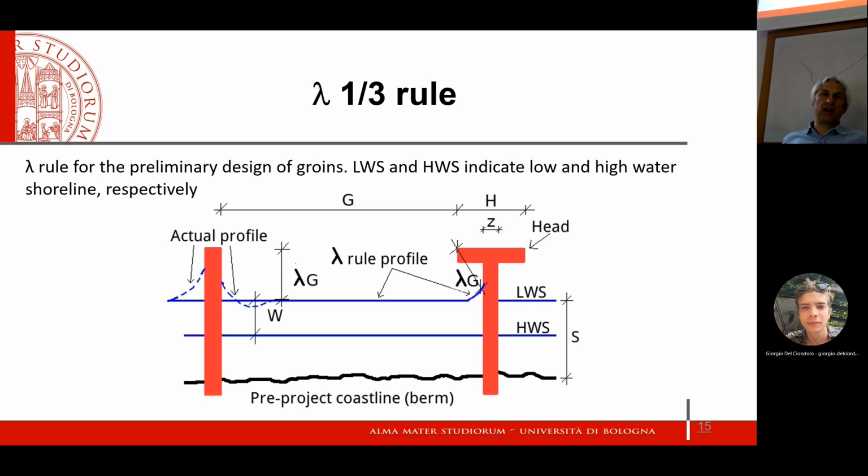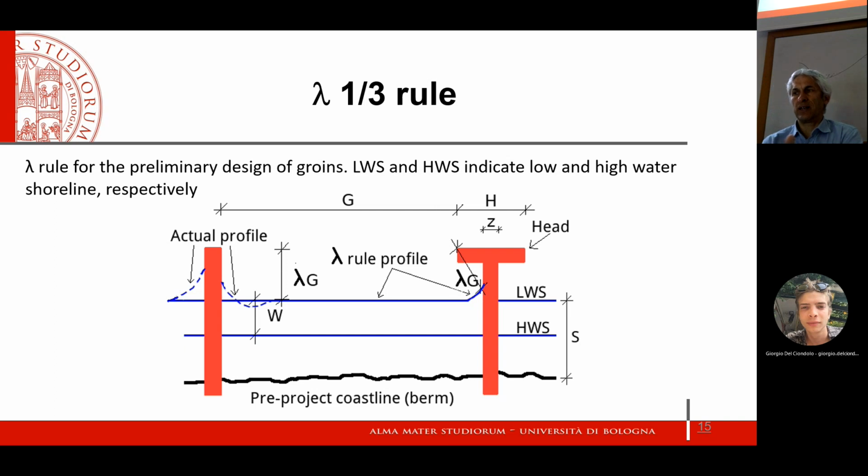But we get something like the blue dashed line. So an accumulation of the sand updrift and an increased erosion downdrift. An increased erosion with respect to the new low water shoreline. Of course, we don't have an increased erosion with respect to the old situation.